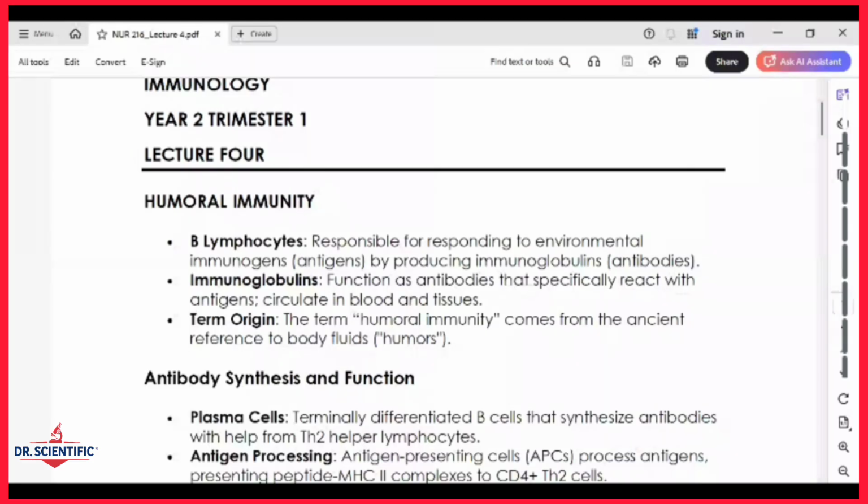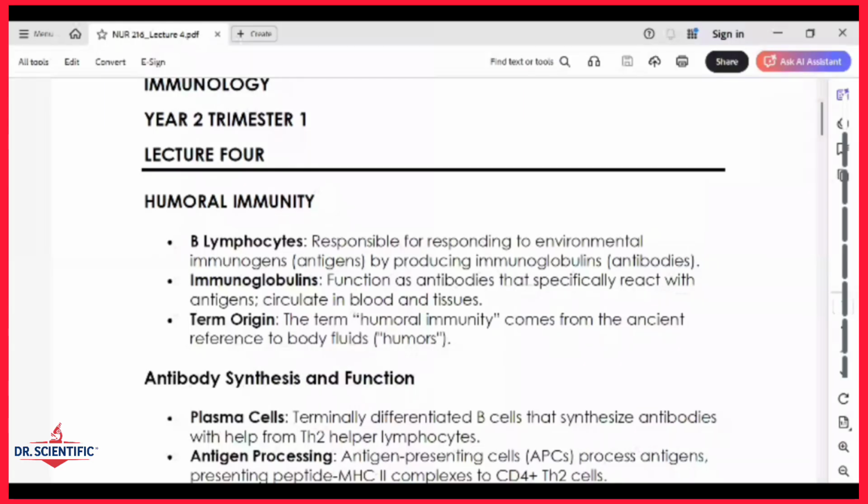Correct. So Th2 will secrete interleukin-4 and interleukin-10, and that is how B cells are differentiated into plasma cells, and therefore they're able to continuously produce antibodies. Okay, and we also saw that CD8 have 2 subpopulations, TC1 and TC2, and TC1 behaves like Th1, and TC2 behaves like Th2. That is how we saw.